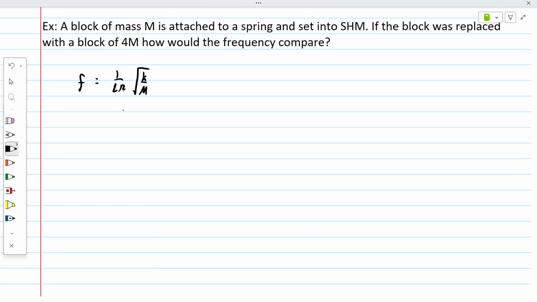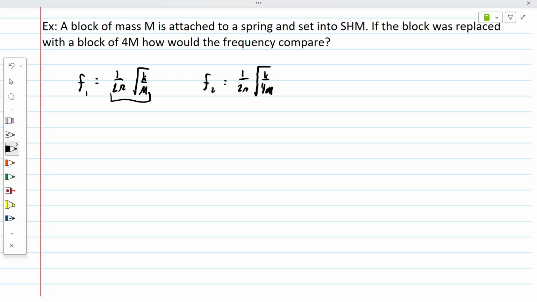So if we say frequency 1 is this equation, and if we want to find the second frequency, we can go ahead and plug in the mass, which is 4m, and this should be big M. And so now we can try to get this equation inside of there.